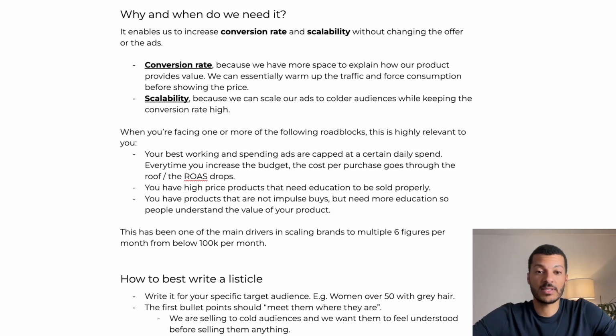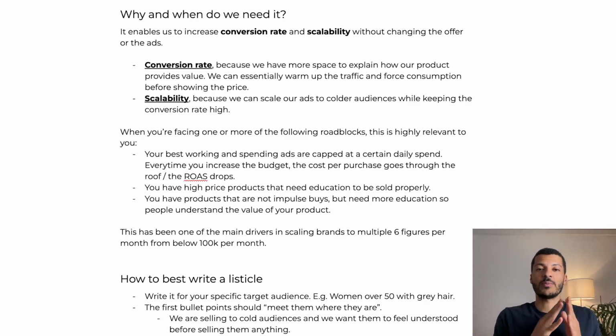Same thing with scalability, right? The scalability increases because we can scale our ads to colder audiences while keeping the conversion rate high. And this ties into the first point, the conversion rate, because why your ads might work right now on a low scale is because when we're talking about awareness stages, they are tapping into people that are very close to purchasing, right?